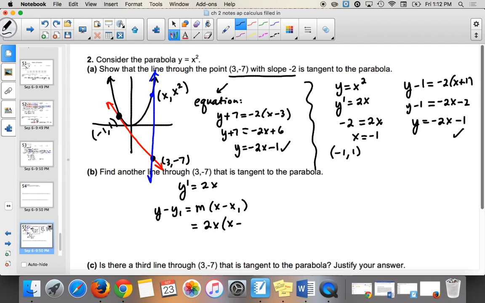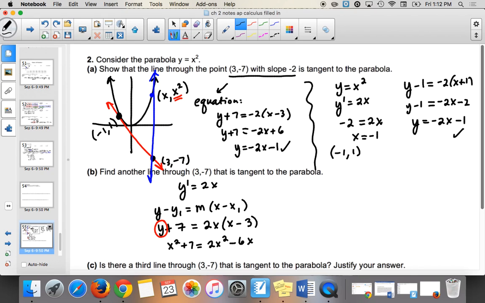And then we plug it in. So I have 2x, and I'm going through 3, negative 7. So I have 3, and I have y minus a negative 7, y plus 7. And then do you guys remember the last step that we did in order to solve this? Yeah, we replaced y with x squared. So we have x squared plus 7 equals 2x squared minus 6x.